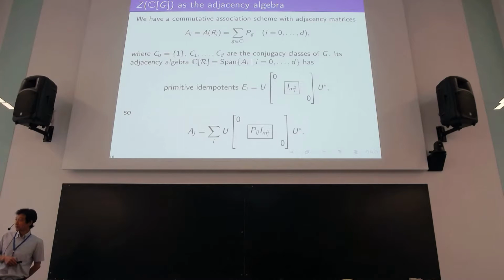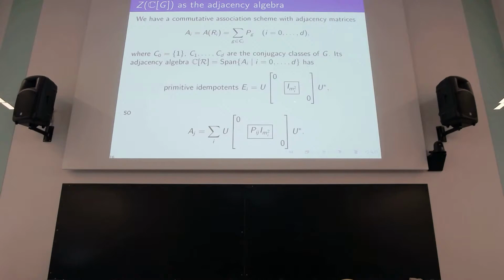So we have a commutative association scheme with adjacency matrices, which are just like this, the sum of the permutation matrices over a conjugacy class. They form a basis, but we have another basis consisting of primitive idempotents, which are just diagonal 0, 1 matrices.